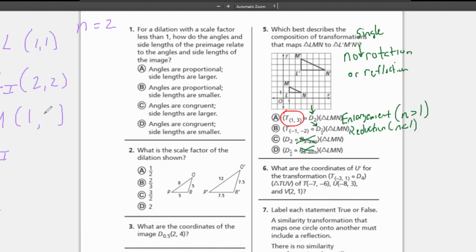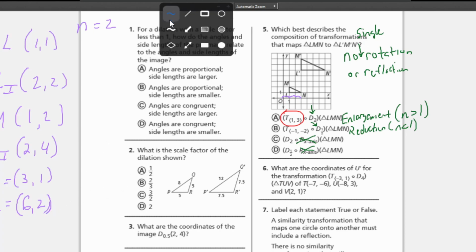Double check that. And since my scale factor is 2, that M intermediate is going to be 2, 4. And for N, I am at the point 3, 1. So with that scale factor, I'm actually going to end up at 6, 2.